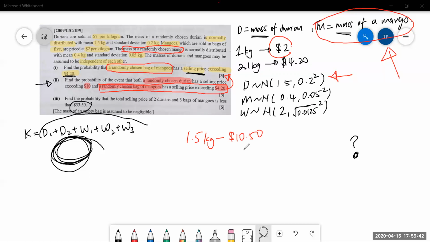Because 1 kg is $7. So over here, the durian, originally the distribution was 1.5, 0.2 squared. But now all these are in kg. Now I want to change all these to dollars instead.